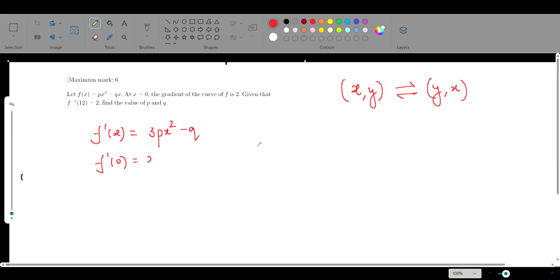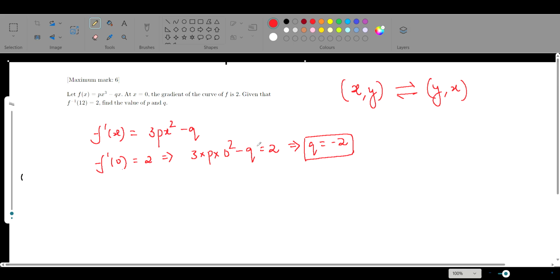Multiplying this by 2, we get 24p minus 2q equals 4. Subtracting, minus 16p equals minus 8, so p is minus 2.